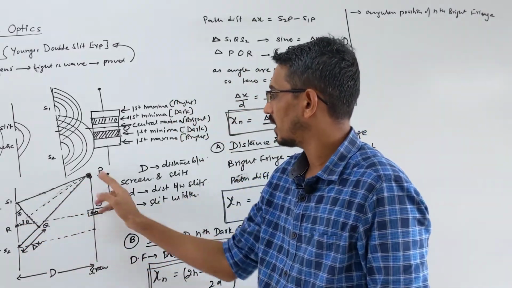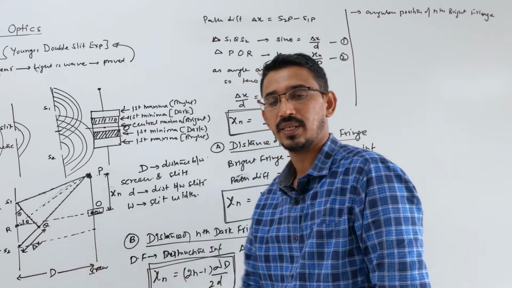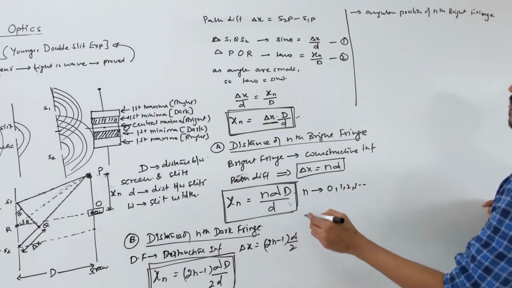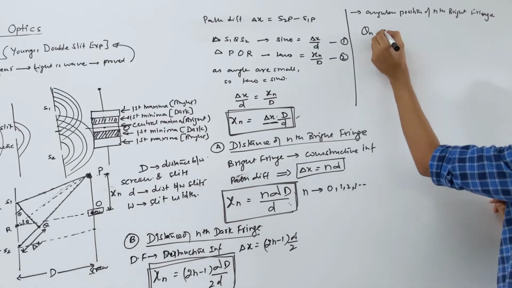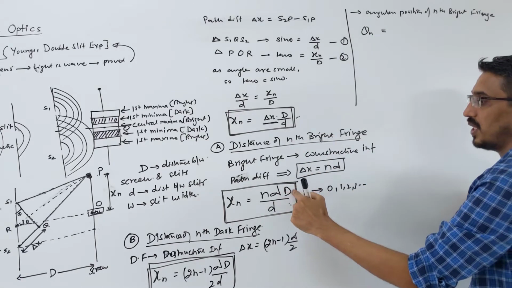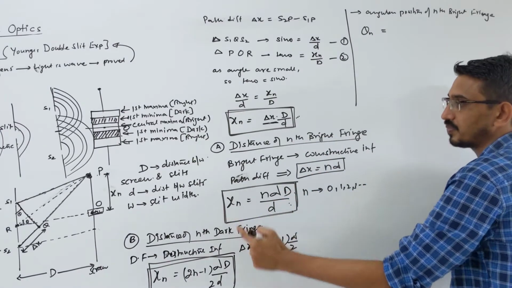In the triangle, tan theta is this by that. Angular position means theta of nth. In this formula, just bring D down here, that's your tan theta.